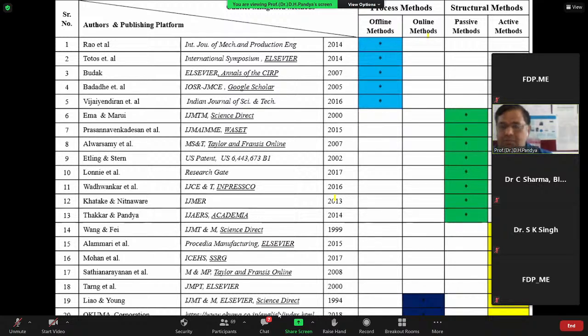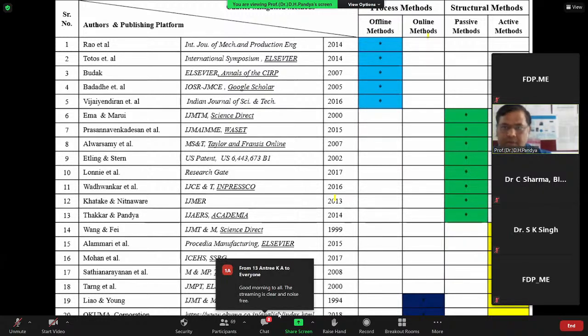In active methods, there are online vibration tables. They cost too much, right? A simple vibration table the size of our conventional office table costs more than 15 to 17 lakh rupees.